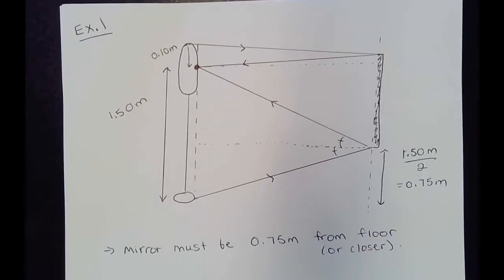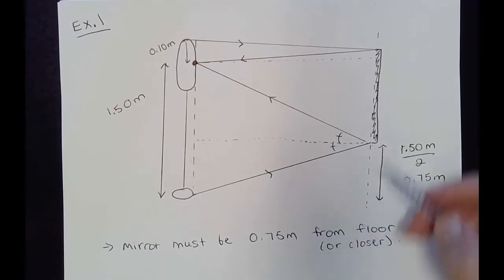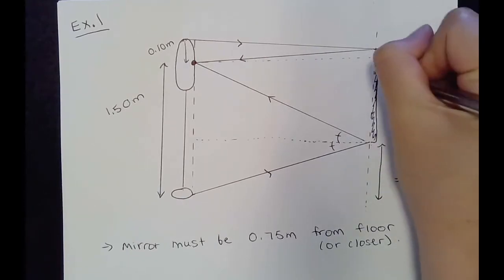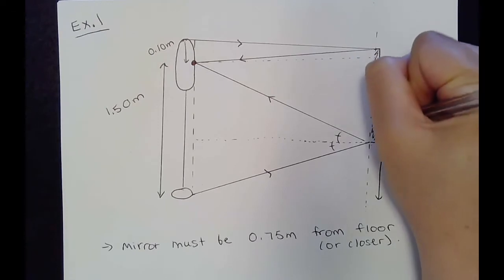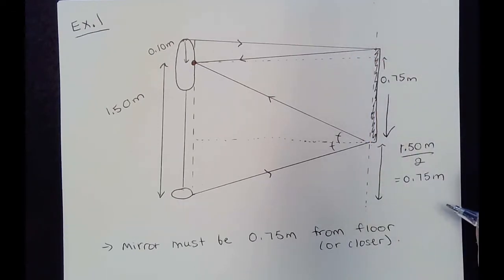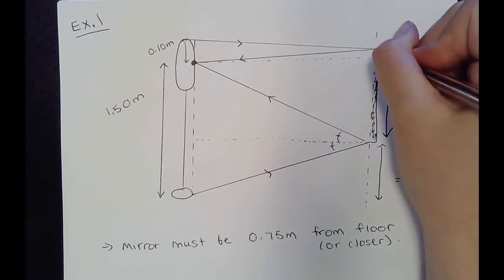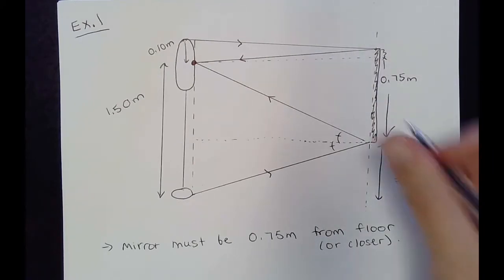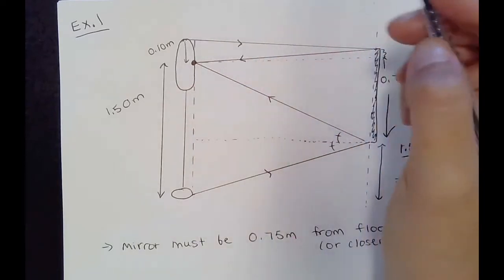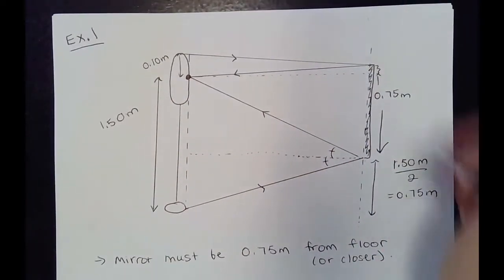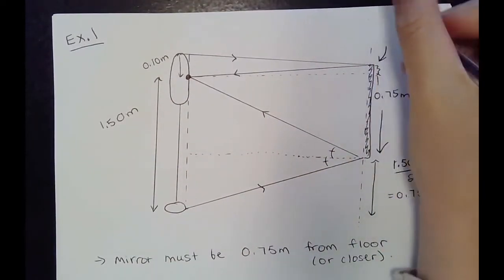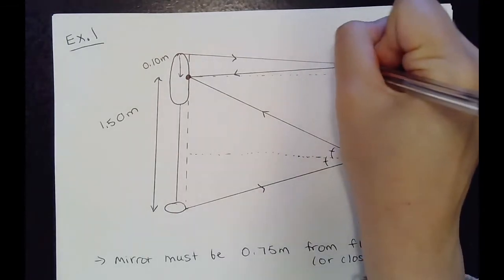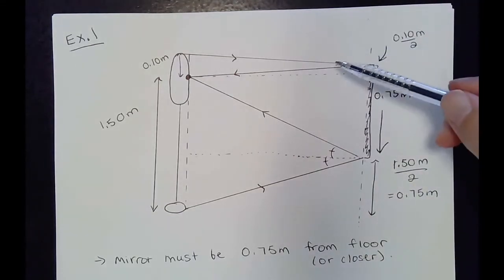Okay, but if that's its minimum position, now we can find the length, basically by using the same logic. So the other half of our 0.75 meters is right here. And then we want to find this little extra height that's needed for her eyes to see the top of the head. So by the same logic, in that portion up here, we have to have 0.1 meters over 2 in order for this ray to follow the law of reflection right in there.